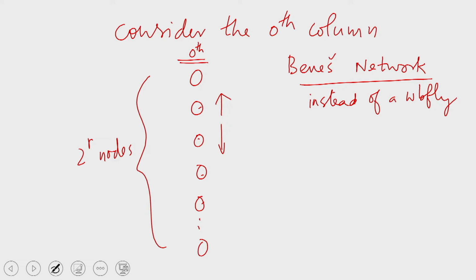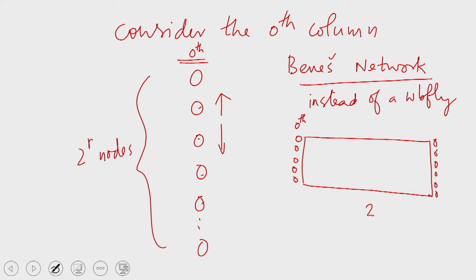So that is the technique we would use here. If we had a Benes network instead of a wrap butterfly, we would be able to place exactly these packets, the packets belonging to the 0th row, as inputs to the Benes network, and then with an appropriate configuration we would be able to deliver them here after 2r steps.